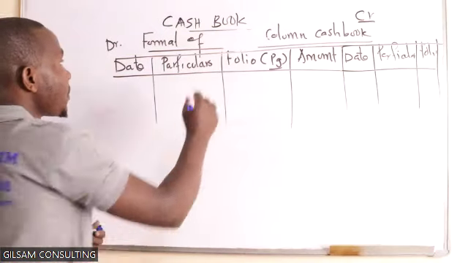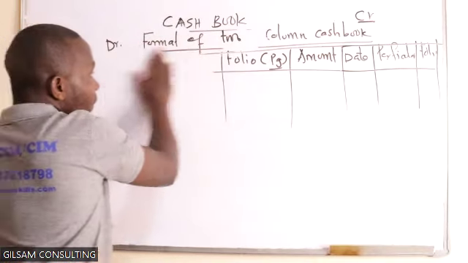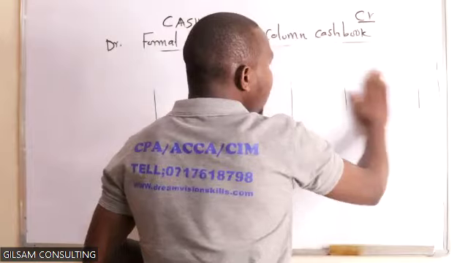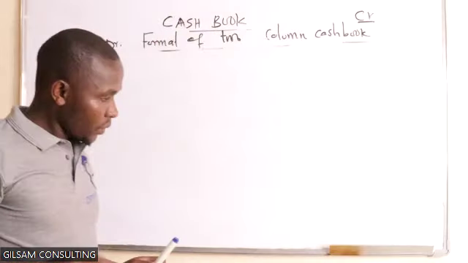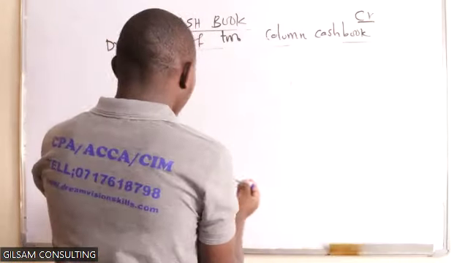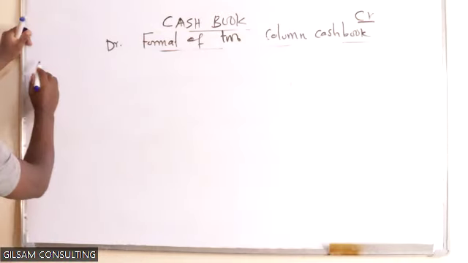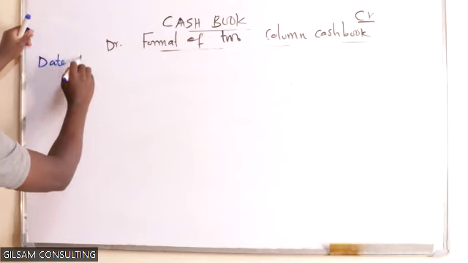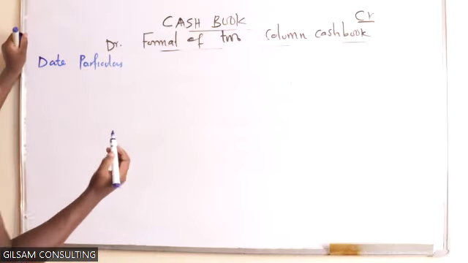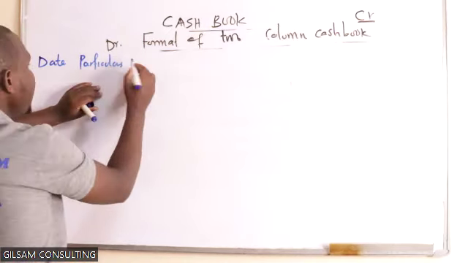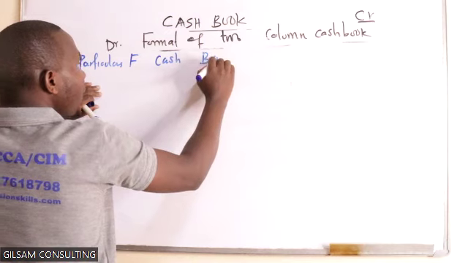In the two column cash book, we have date, particulars, then folio, call it F, and then you will have cash and bank.